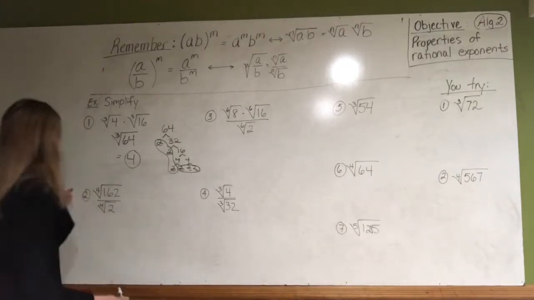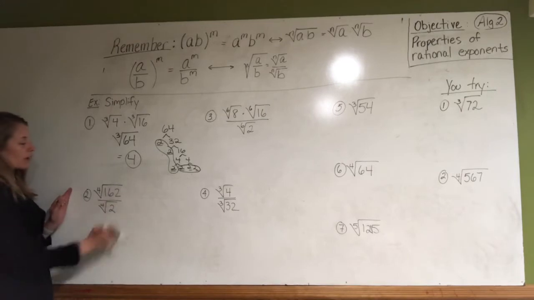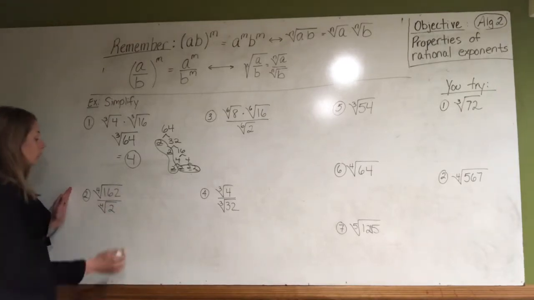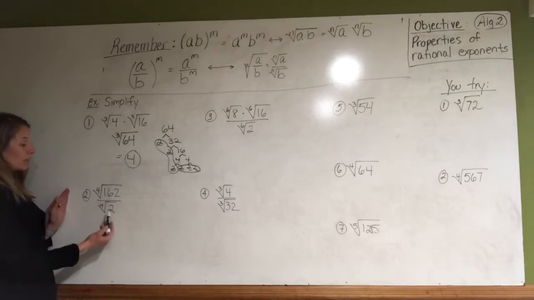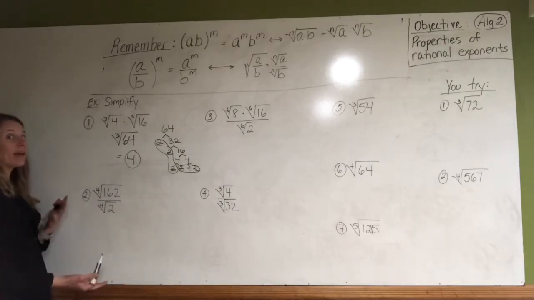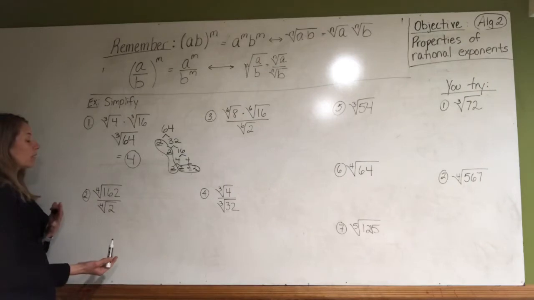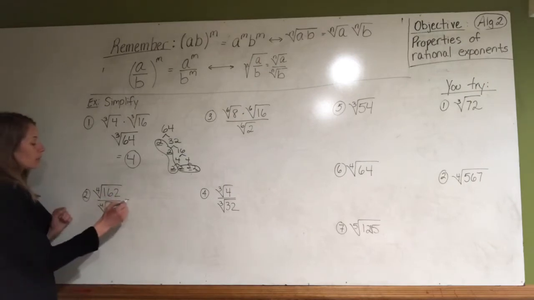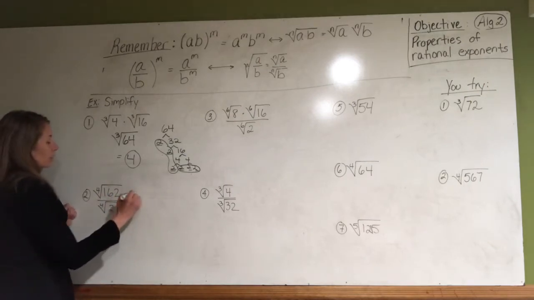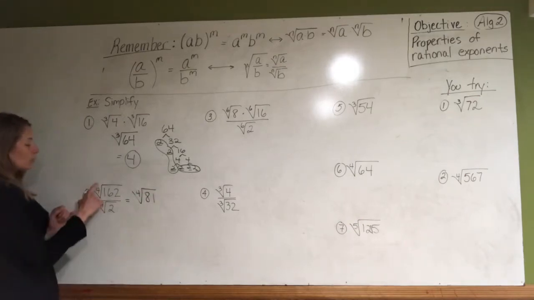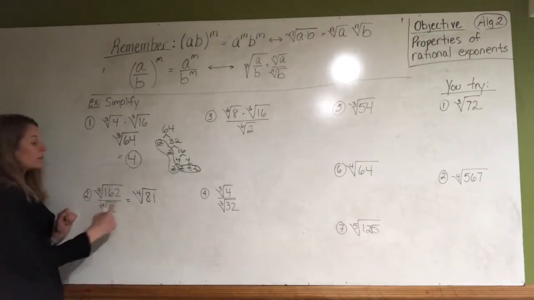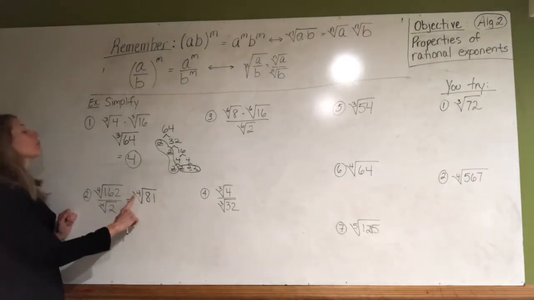All right, so taking a look at example 2, this time we're setting up the two radicals as a quotient. So whenever you can, if this divides evenly, it'll eliminate that fraction completely. So that's always the way to go since these are both even numbers. 162 divided by 2 can be written as 81. Notice these were both 4th roots to begin with, so my answer will also be a 4th root.